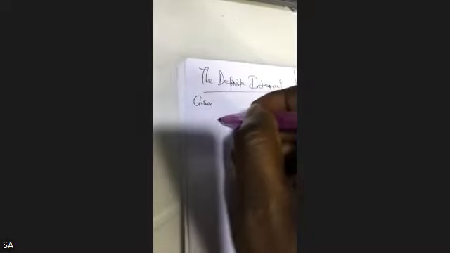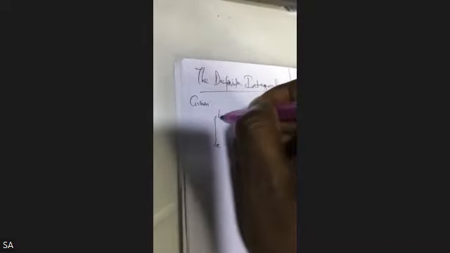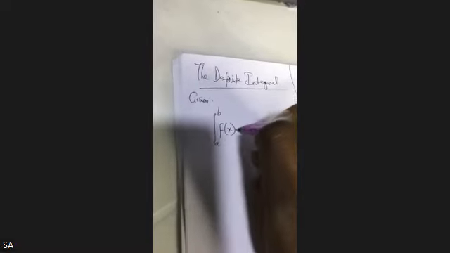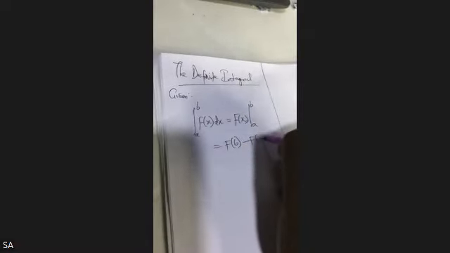Given the integral from a to b of f of x with respect to x, which equals F of x evaluated from a to b, which is equal to F of b minus F of a.